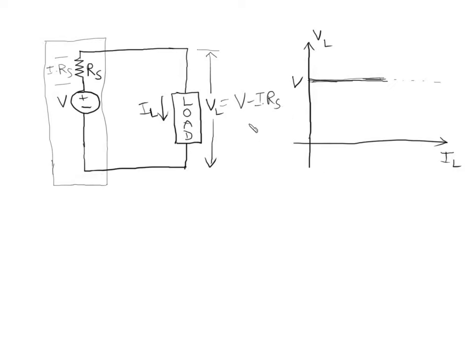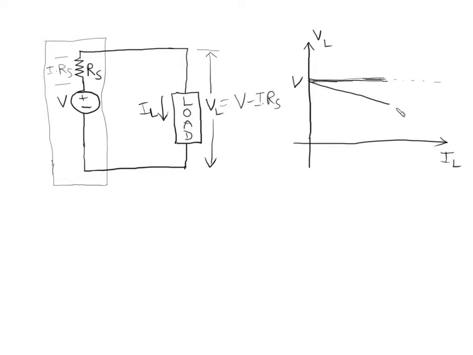What this does is that it makes the voltage supplied by the practical voltage source a function of the load current. It's no more going to be constant for any value of current that you are taking from it. Rather, you will see that the VI transfer curve will look something like this.